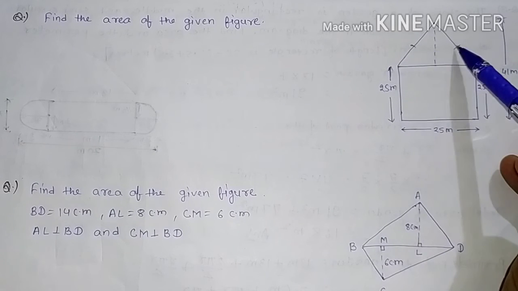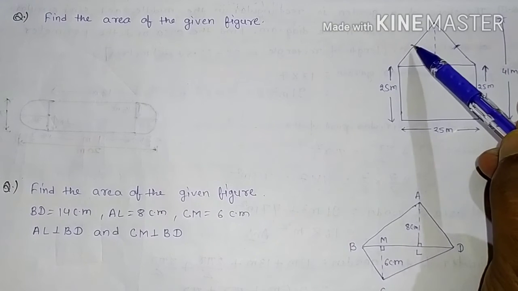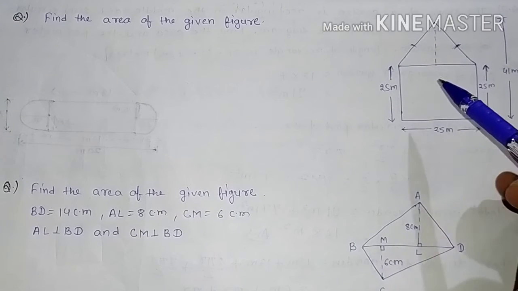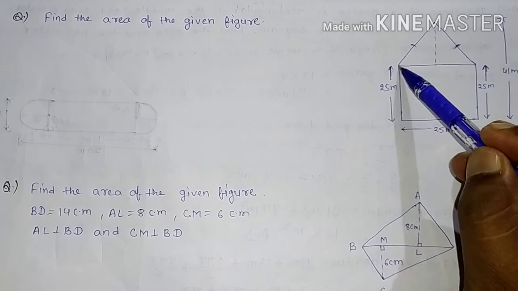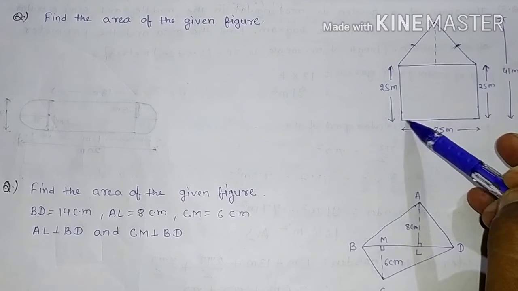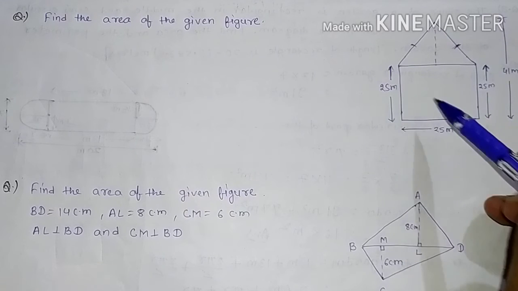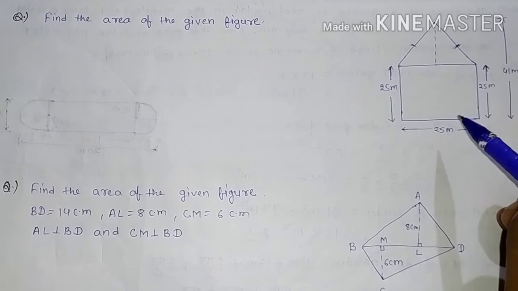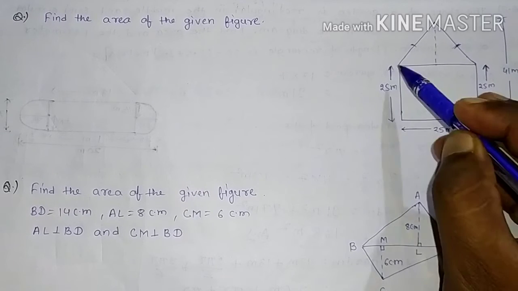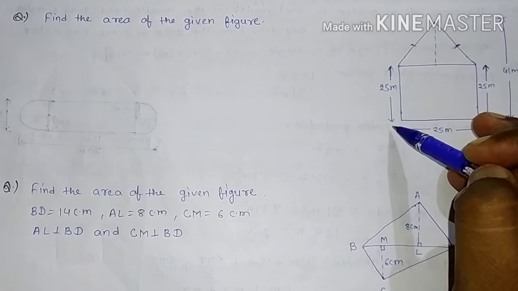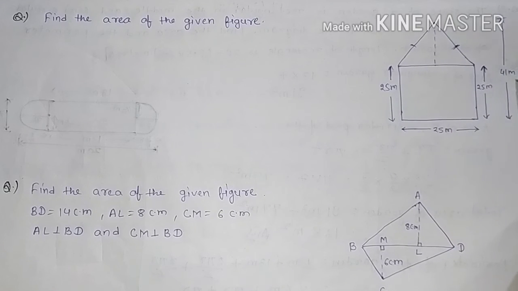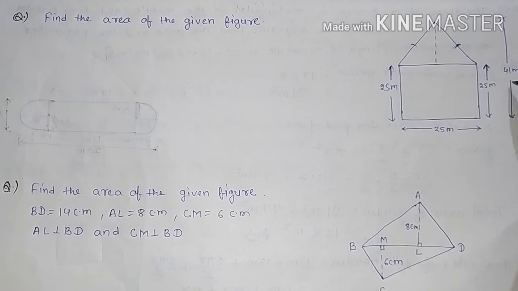This sign shows that these two sides are equal to each other, and the bottom part of this figure is a square having each side equal, that is 25 meter. This is 25, this is 25, and this is 25 meter, and the height of the total figure is given here, 41 meter.